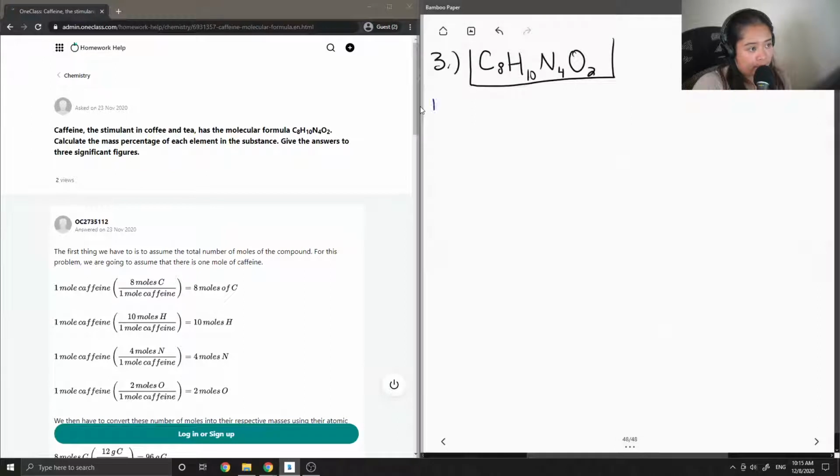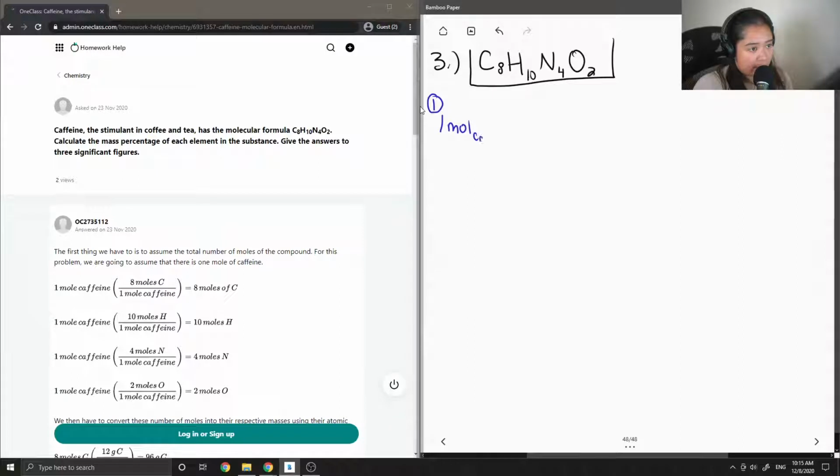So the first step is to find all of the grams for carbon, hydrogen, nitrogen, and oxygen that are contained in 1 mole of caffeine.